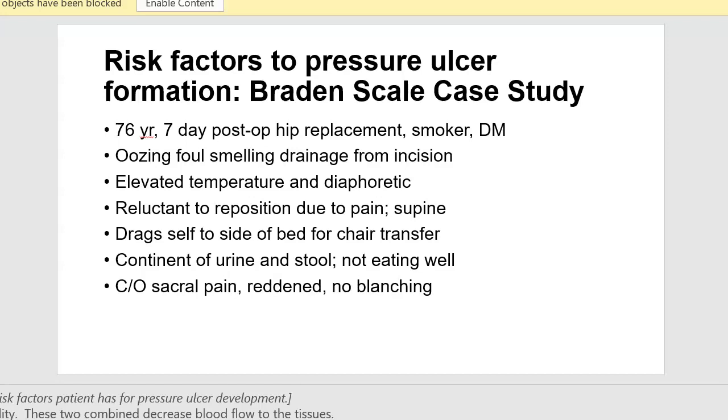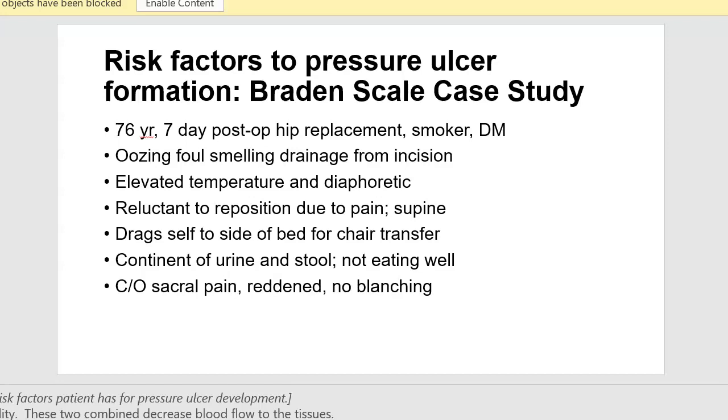He is reluctant to reposition due to pain, and he prefers to lay supine. He drags himself to the side of the bed for a wheelchair transfer. He is continent of urine and stool. He is not eating well. He does complain of sacral pain, and he has some redness without blanching.